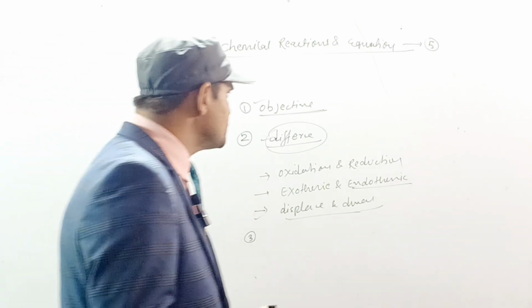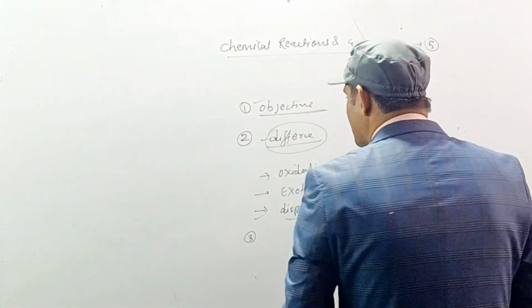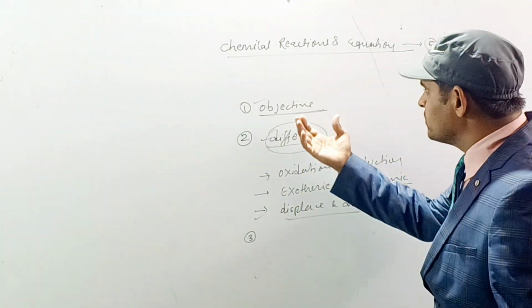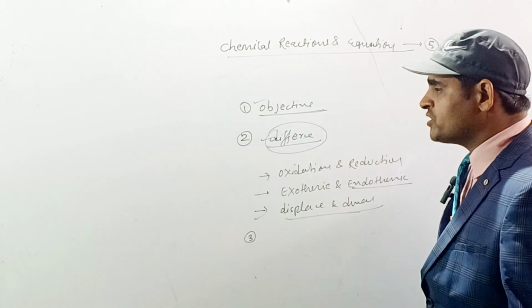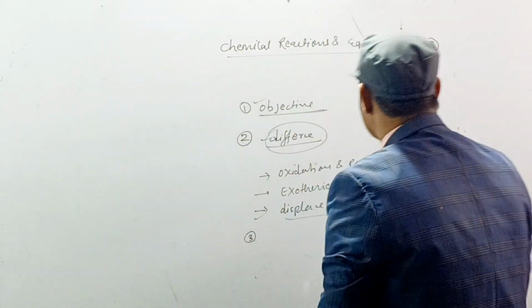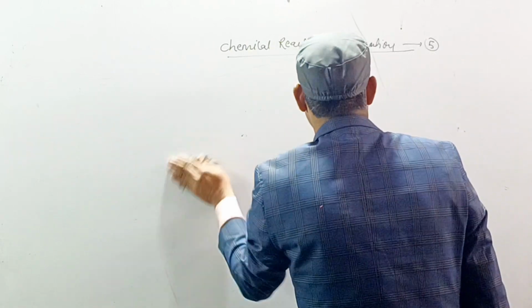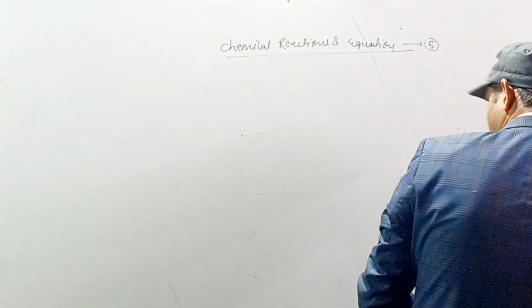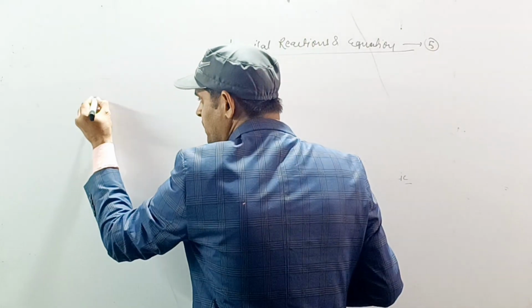Now we will discuss all the factors involved in the main part of chemical reactions and equations. First is the chemical equation.